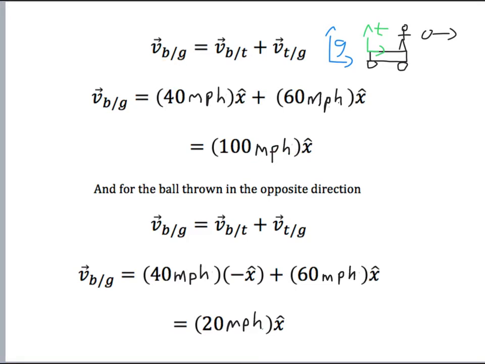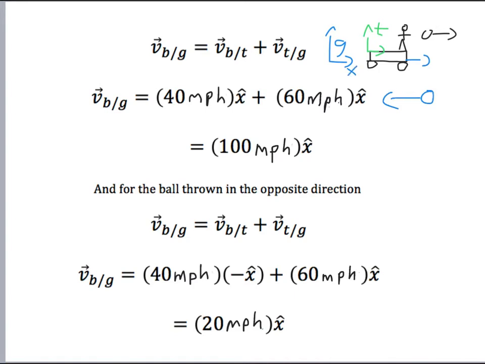That is the velocity that it was thrown with, the 40 miles per hour, plus the velocity of the train, which is 60 miles per hour. Now, if the ball is thrown in the opposite direction, instead of being thrown with the motion of the train, if the ball were instead thrown in the opposite direction, then we would have it being thrown in the negative x-hat direction.